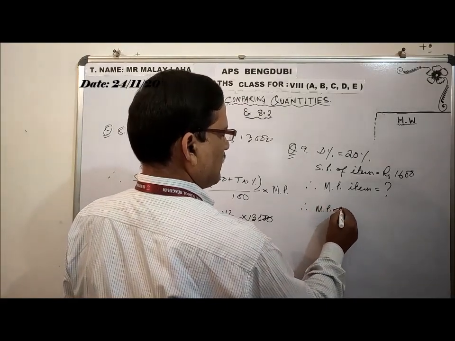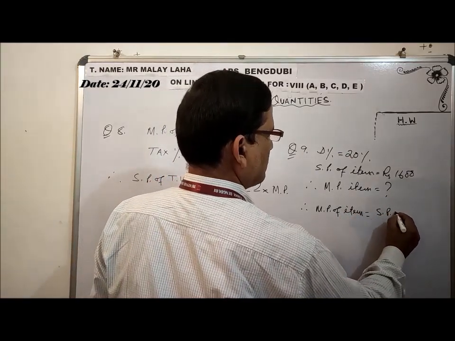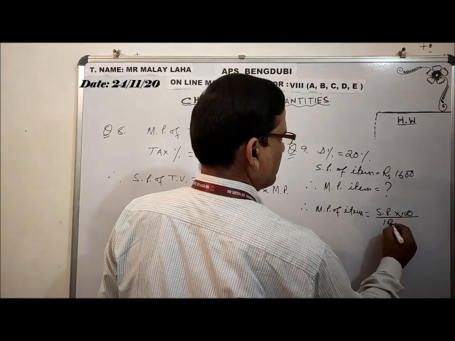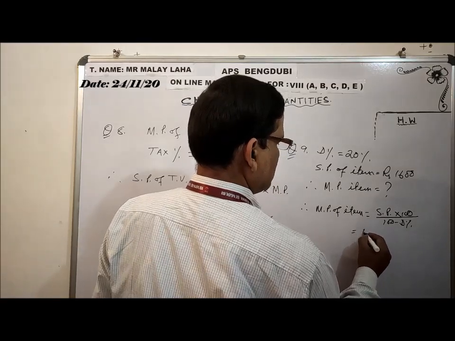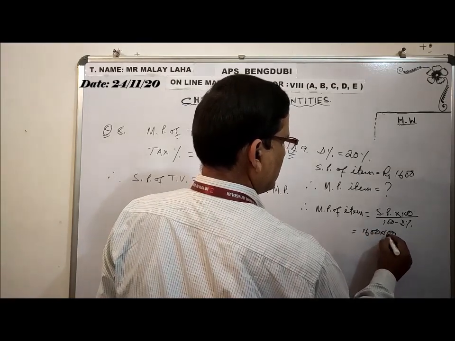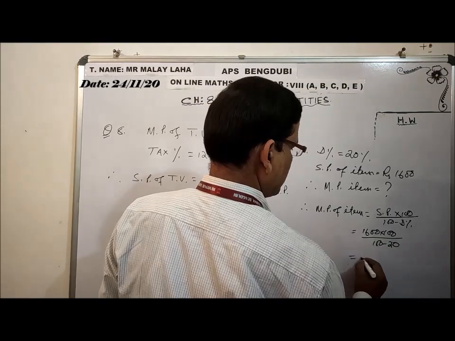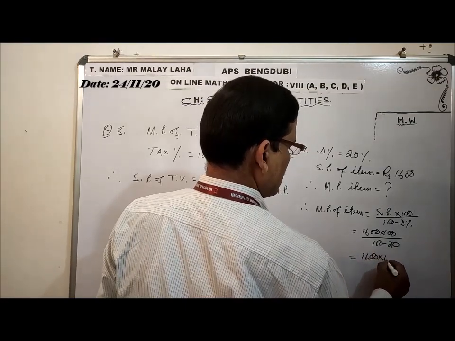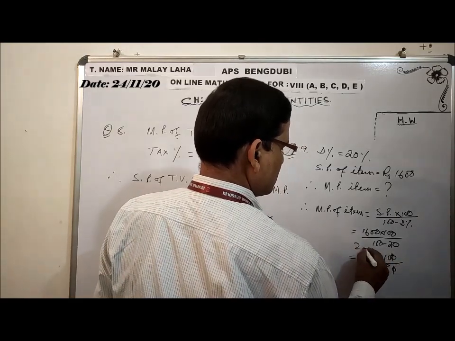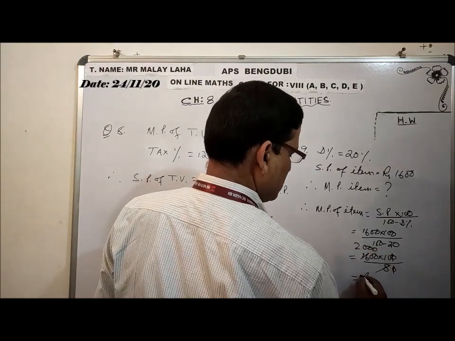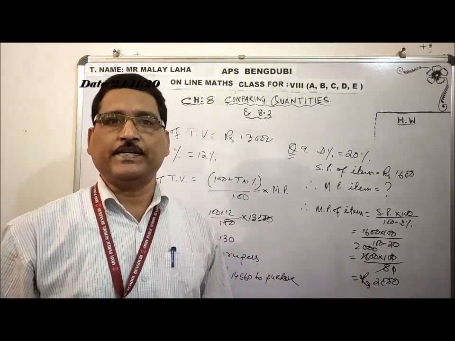MP of item is equal to SP into 100 by 100 minus D percentage. That is 1600 into 100 by 100 minus 20. So it is coming 1600 into 100 by 80. So 10 cancel. 8 into 16, 200, and this 10, rupees 2000.